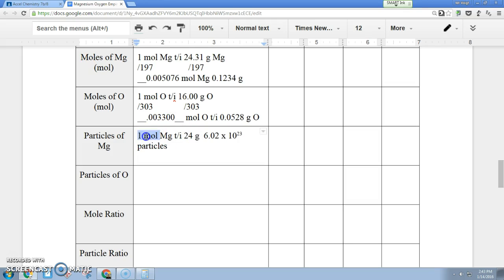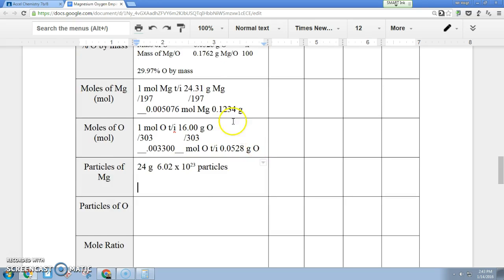So now I know how many moles of magnesium I have, and I know how many grams of magnesium I have. So I could use either one. I'm going to go ahead and use my 24 grams because grams was a measurement that I made. So that's less likely to be messed up. So this is 0.1234 grams. There is blank particles.